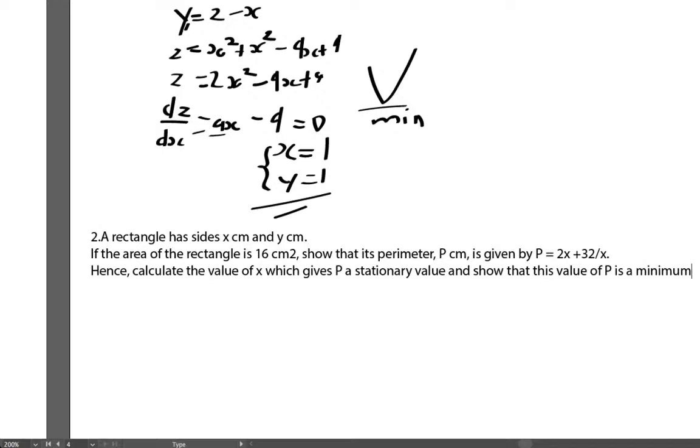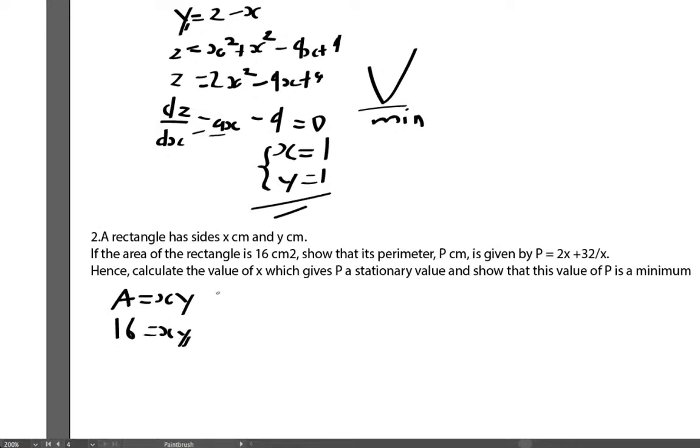So, first things first. Let's just write this straight away. The area must equal x times y. It's obvious, so that means we know that 16 equals x y. And what is the perimeter?